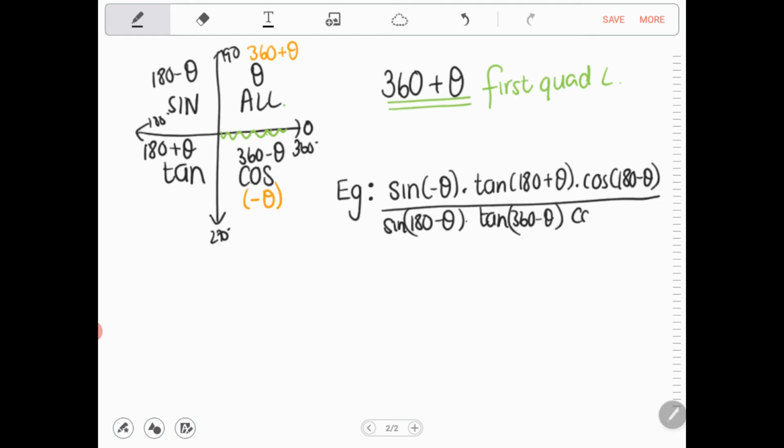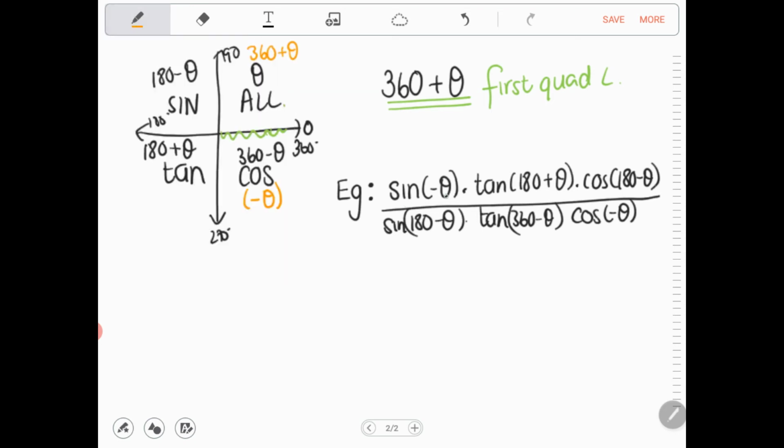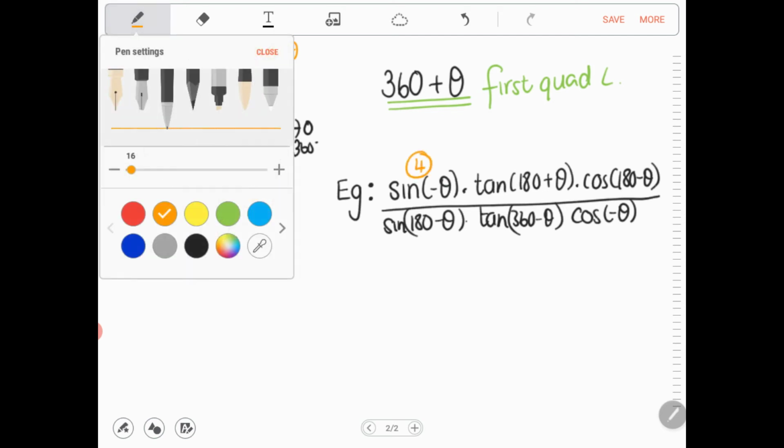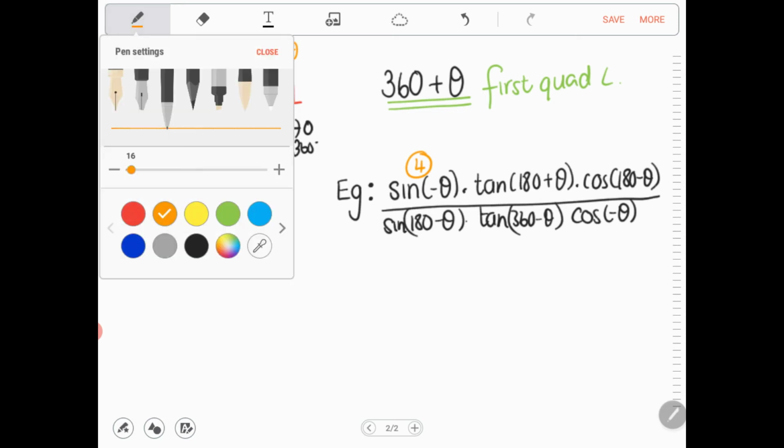All right, so let's have a look at this. Okay, so we're simplifying this. Sine of negative theta, we just said that negative theta is a fourth quadrant angle. So I've identified that it's in quadrant 1, quadrant 2, quadrant 3, and quadrant 4. That is a fourth quadrant angle.